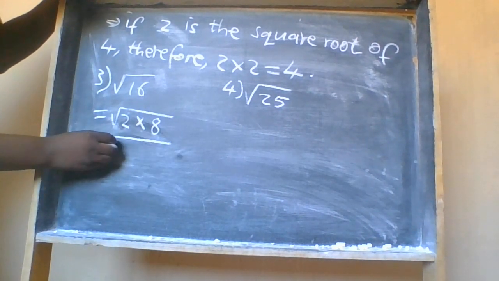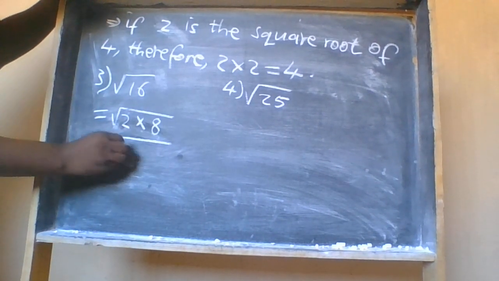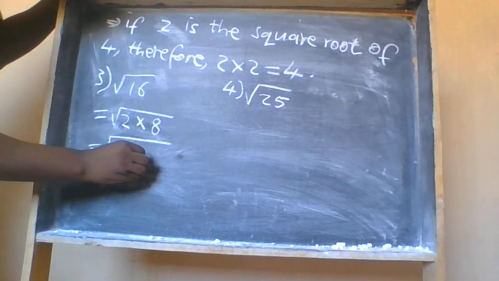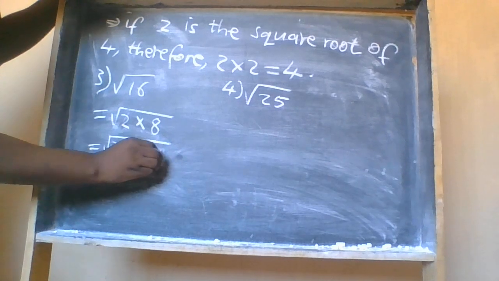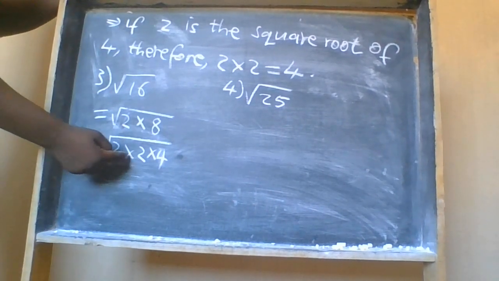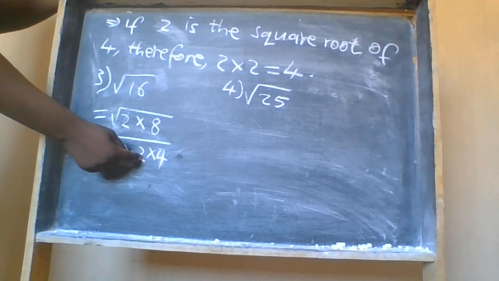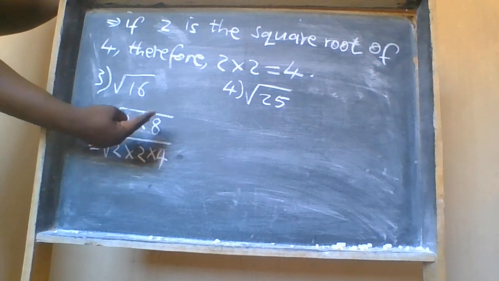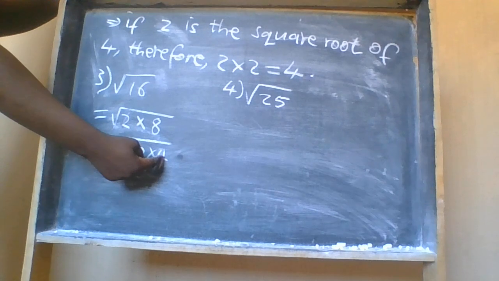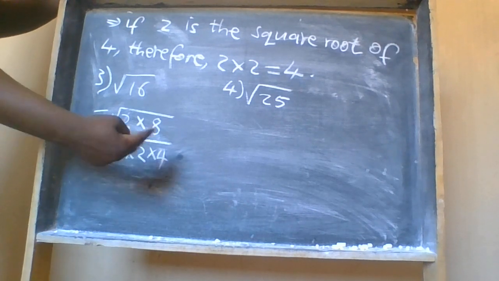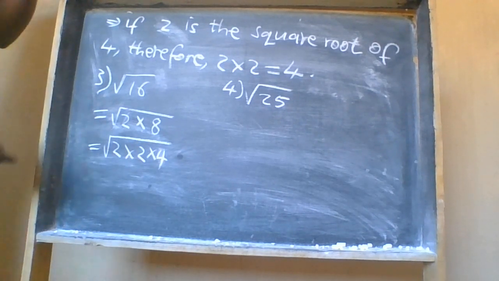So you can say 2 times 2 times 4. 2 times 2 is 4, and then times 4 is 16.